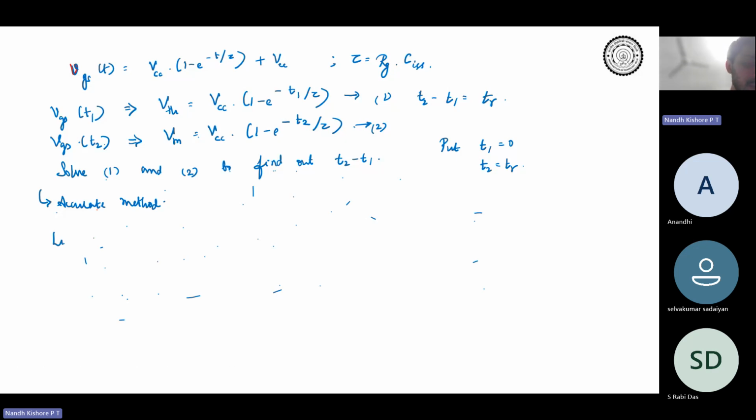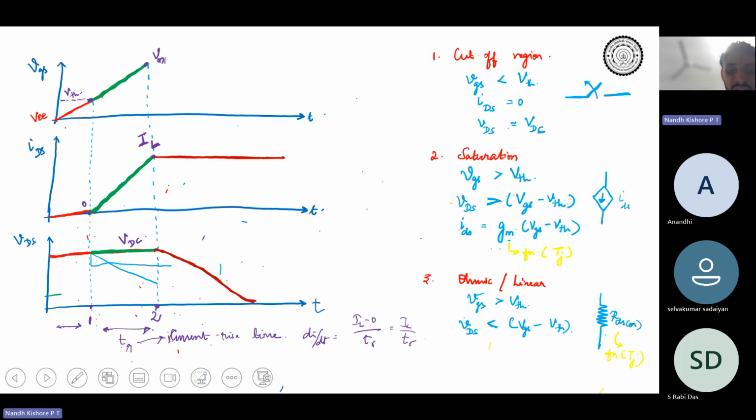Or the other method is to linearize the VGS of T increase. The reason is, as I was telling, we can assume that the VGS profile is linear over here, because your RC charging is something like this.